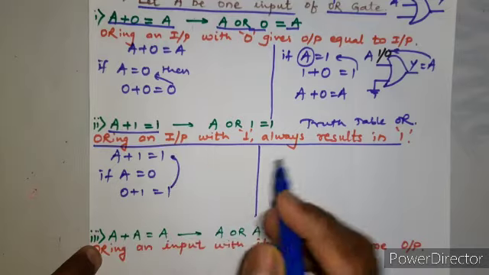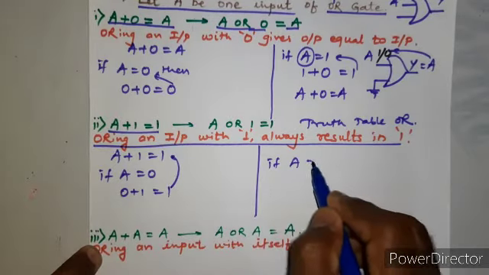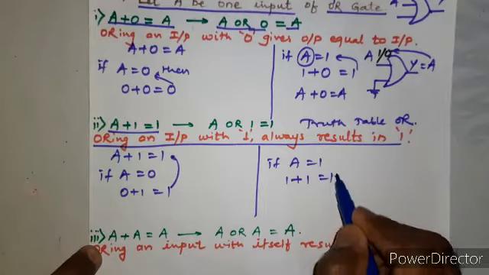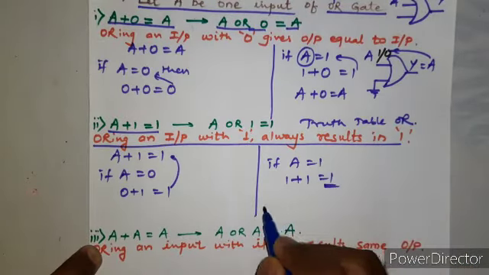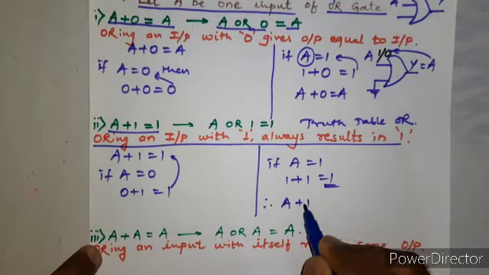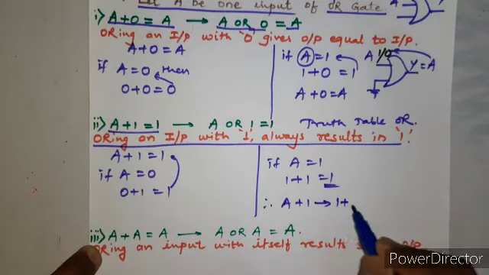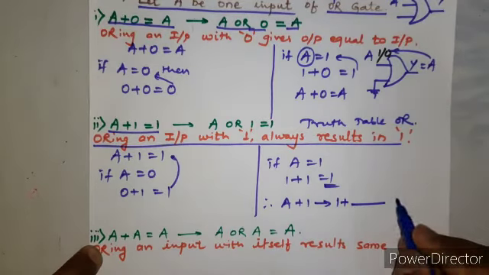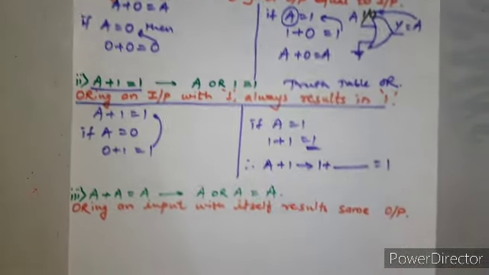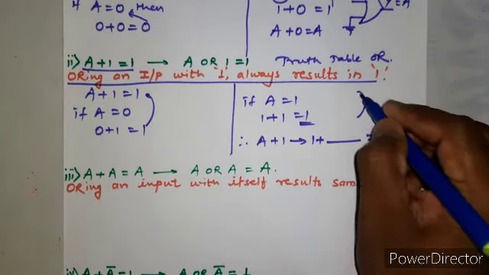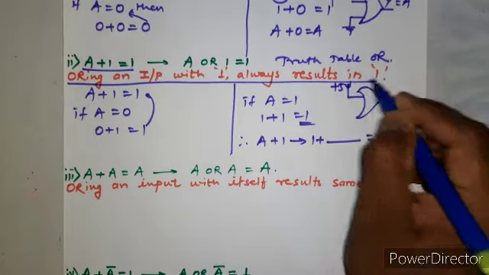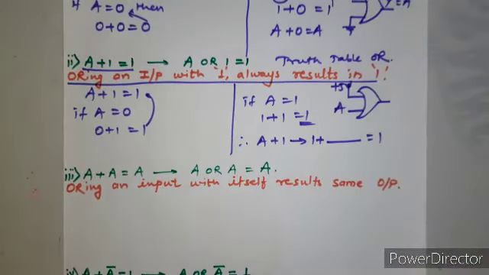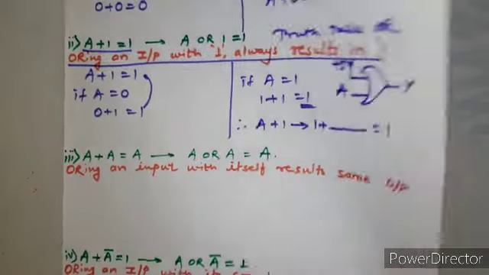And if A equals 1, 1 plus 1 is 1. So again we are getting 1. Therefore you can say A plus 1, or 1 plus anything, will always give you 1. Diagrammatically, one input is connected to plus 5 volt and another is A, and this is your output Y.